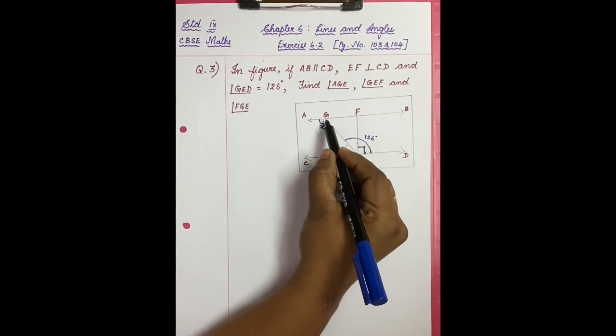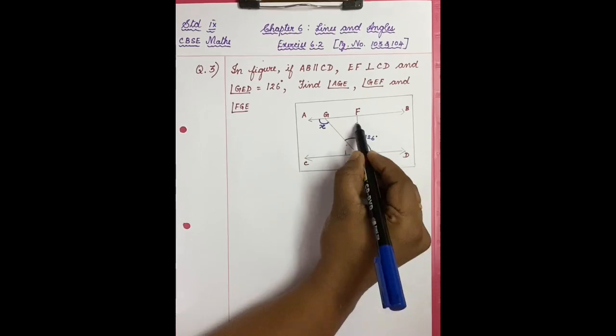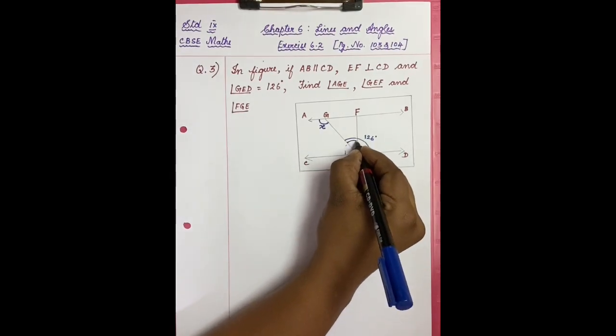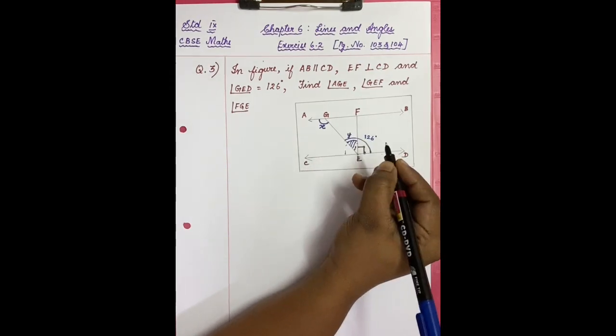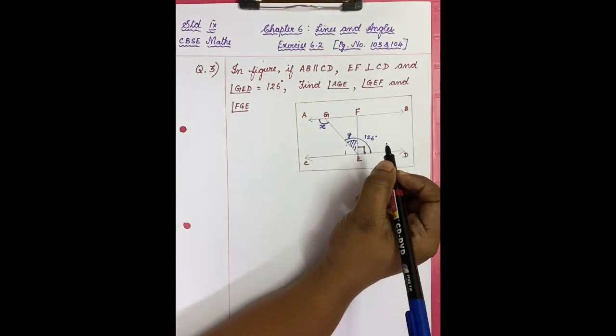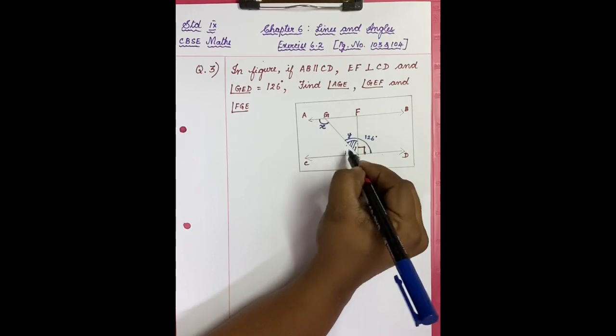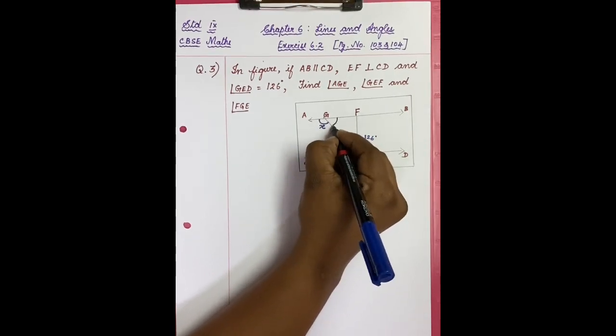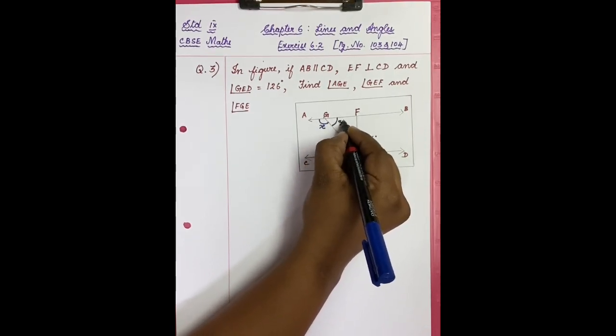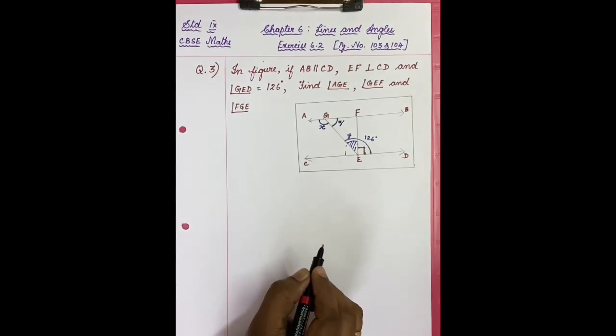Where is GEF? So this acute angle alone should be found. So this we will call it as Y, and FGE. So this is also one more angle. We will call this as Z. So 3 unknown angles you have to find.